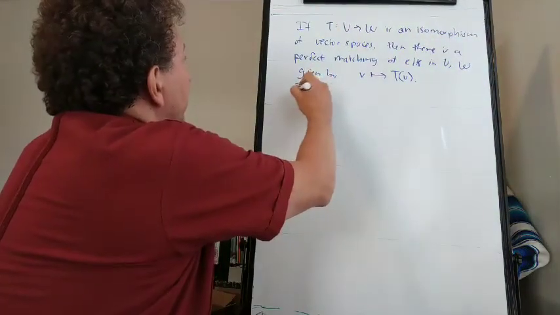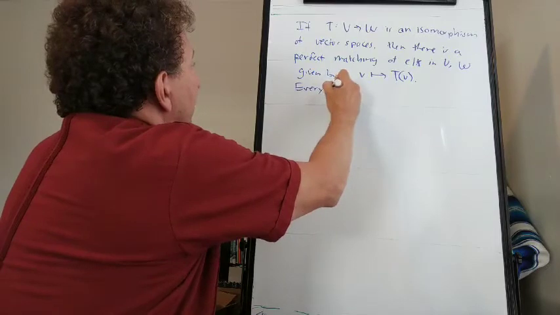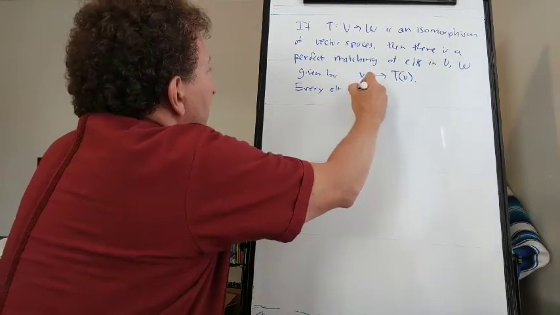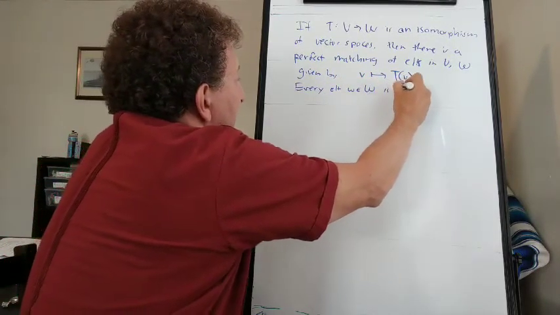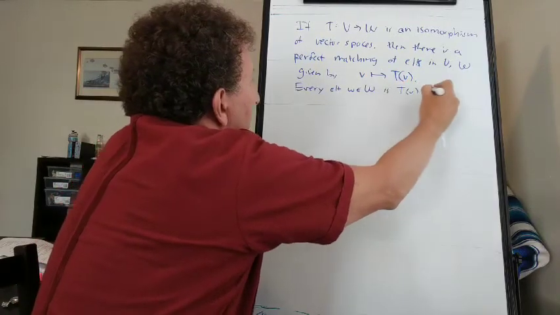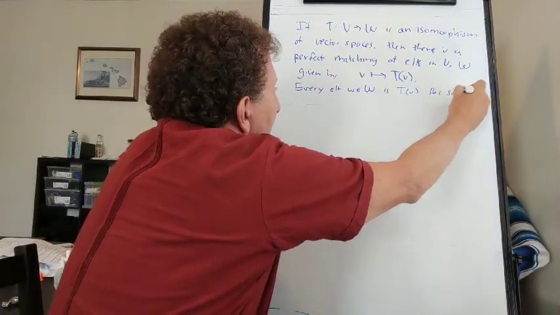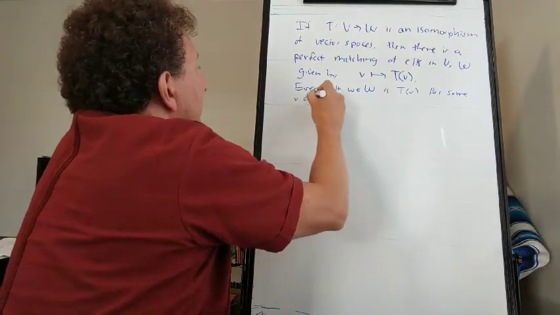And every element w in the second space is T of v for some element v in the first space.